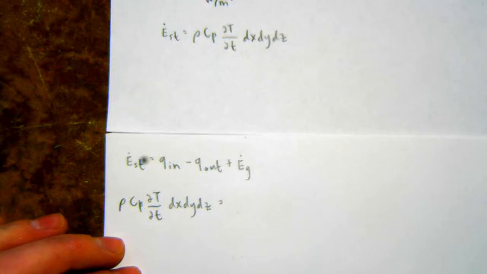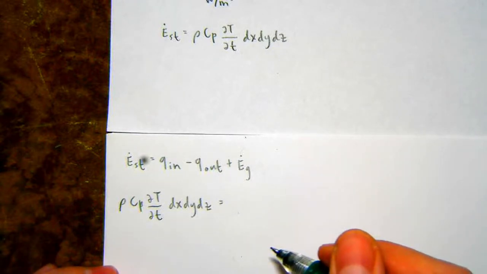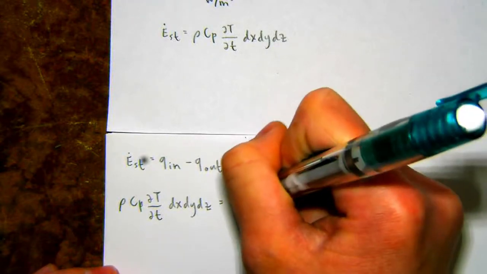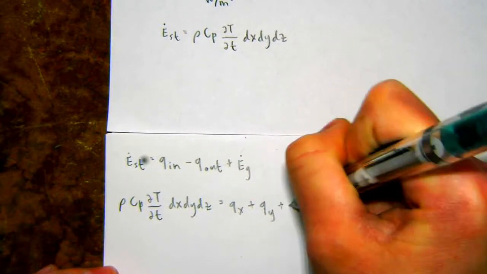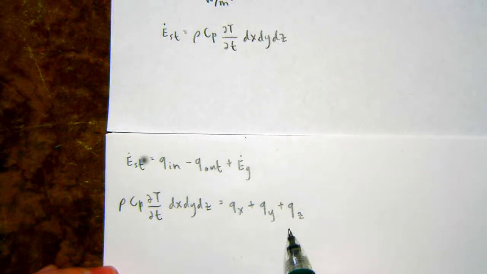So the energy storage term on the left, and then Q in and Q out, that's going to be from all three directions. So we have to include conduction in the X, Y, and Z directions. So those are the inlet terms.